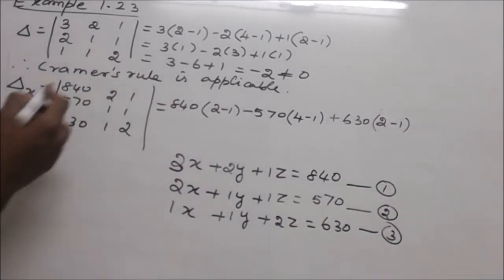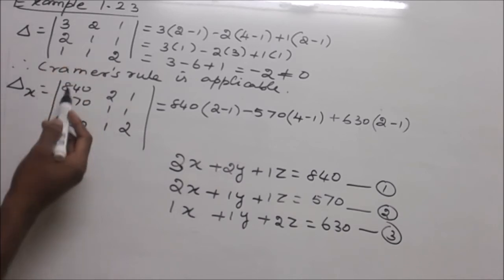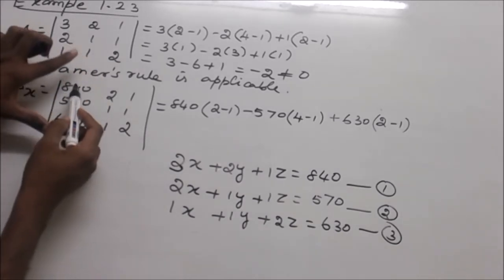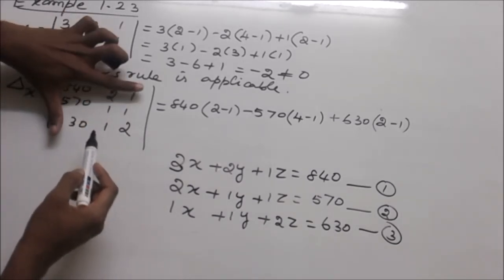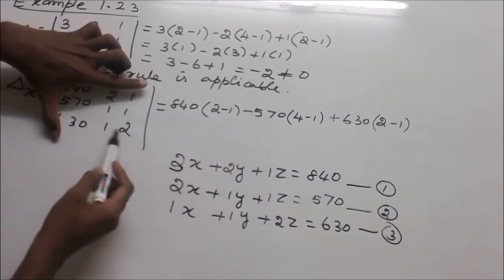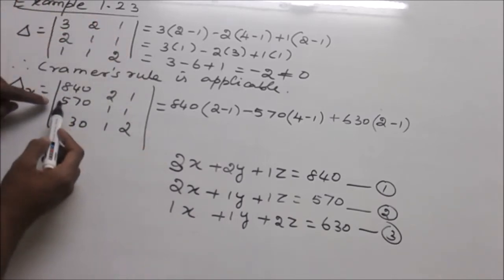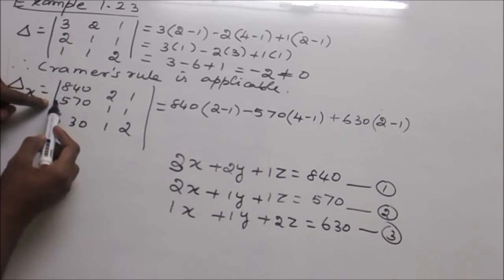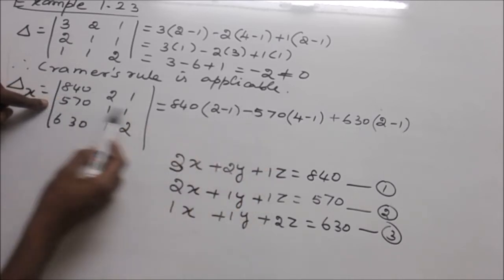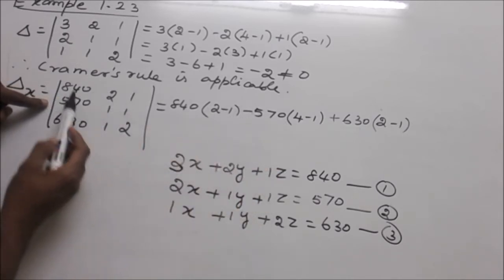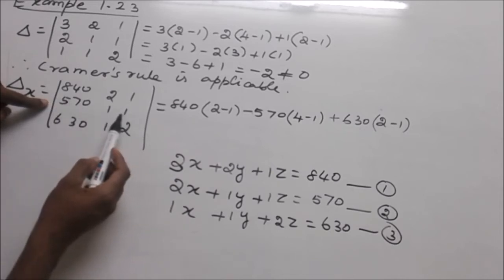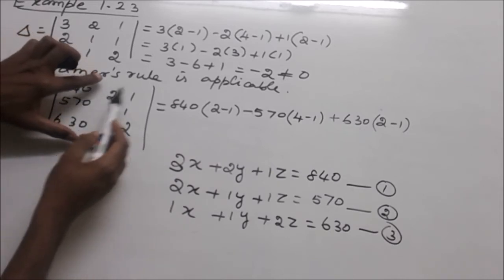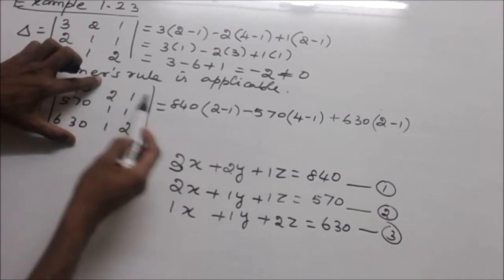For that I have chosen expanding with respect to C1. 840 appears in the first row and first column, so these 4 elements are taken, 2, minus 1. Then for the second element the cofactor sign is changed, therefore minus 570. For this determinant, we eliminate the second row and the first column, then these 4 values are taken, 4 minus 1.